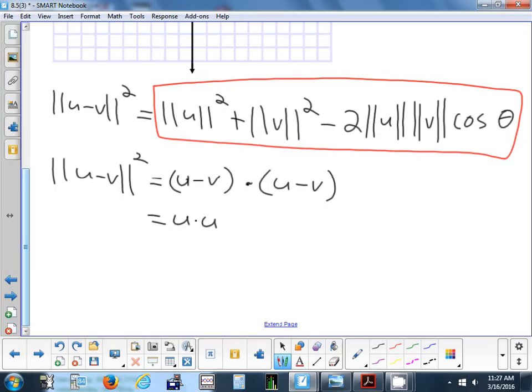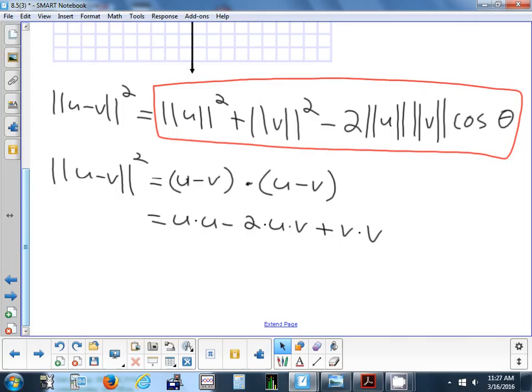So how many of those do we have? 2 minus 2. So we have minus 2, which is good. We'll see where that's going to maybe come up in a little bit. Minus 2 u dot v. And what about negative v dot negative v? V dot v. Yeah, just a positive v dot v.